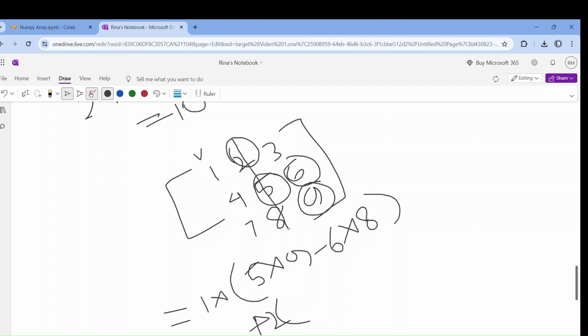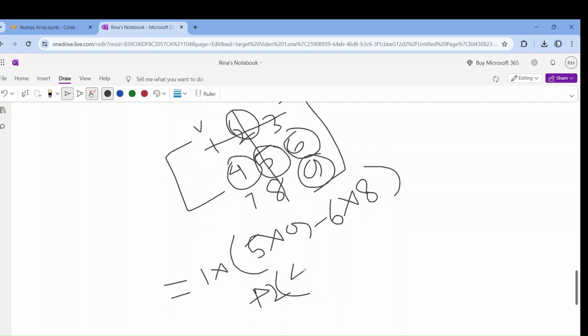Just the corresponding column and row will be deleted. Forget about them. What is left? 4. So 4 into 9, minus 6 into 7. Fine. Done. Now plus.